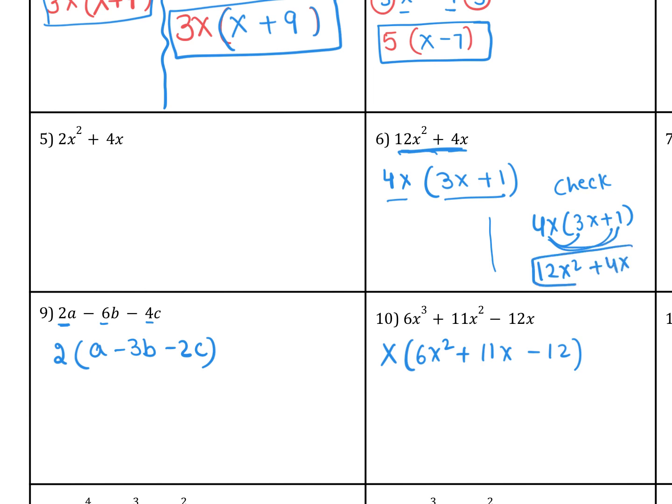So after you distribute that, it should give you the same answer where you started, the original equation. Similarly, for this one, you're going to take 2x common. You're left with x, because 2x squared divided by 2x is x. 4x divided by 2x is 2.